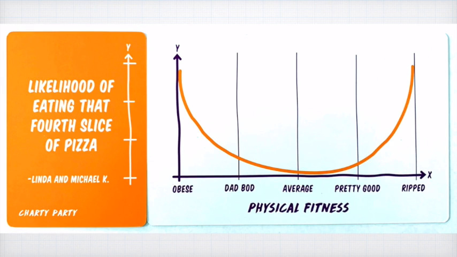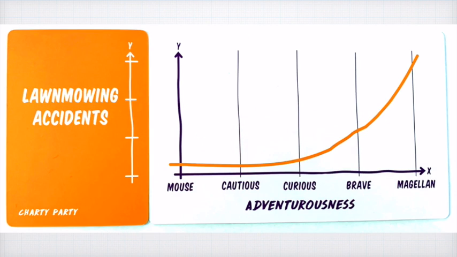Here's the likelihood of eating that 4th slice of pizza as a function of physical fitness. And then this one's one that I like. It's lawn mowing accidents on the y, and adventurousness on the x, from the adventurousness of a mouse all the way up to Magellan, who was the Portuguese sailor who was the first one to try and circumnavigate the world.